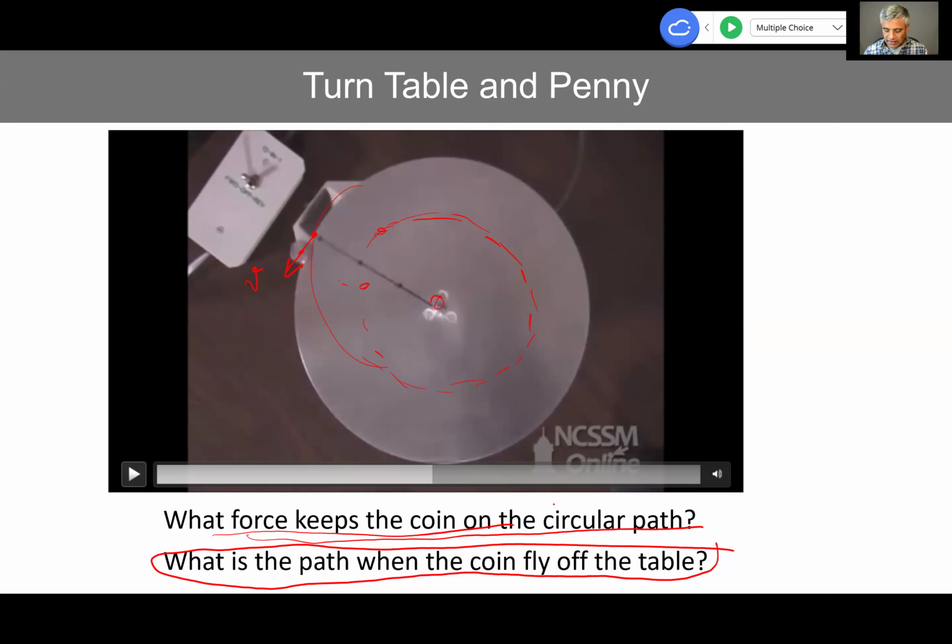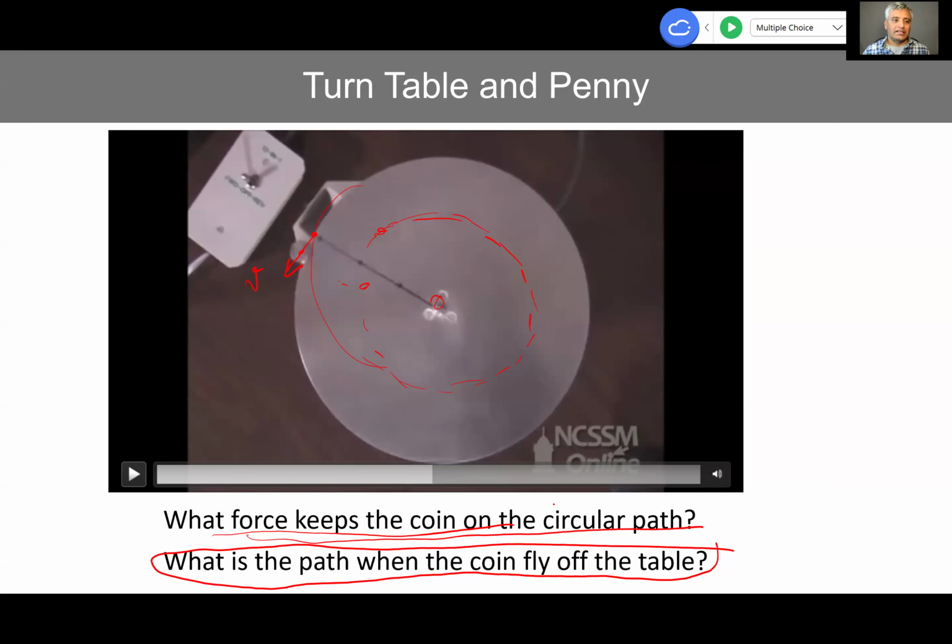And the force that keeps the coin on the circular path, what is that? I see there is a response, but with a question mark, right? What force is keeping it there? So it's not tied to the string, so that means it is not tension, of course.